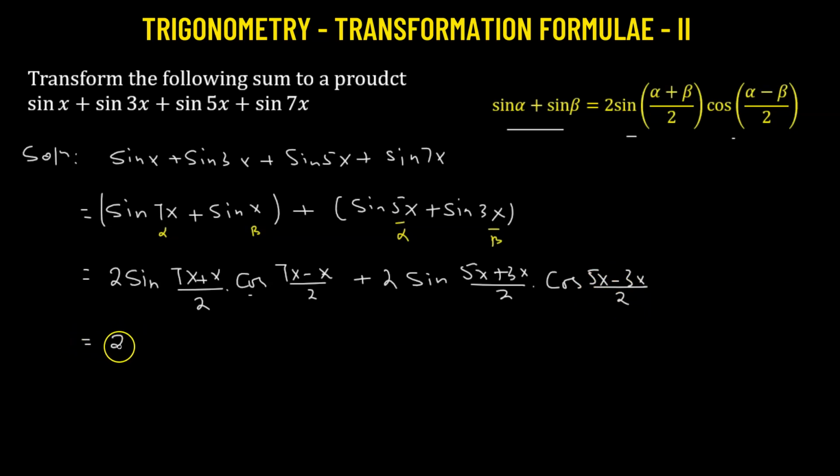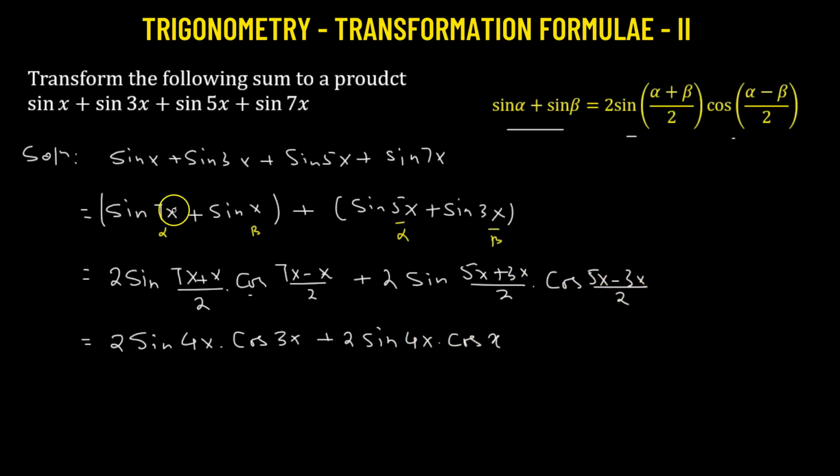That will be equal to 2 times sine of angle, so 7x plus x, that will be 8x. 8x over 2 is simply 4x, multiplied to cosine of, so now we have 7x minus x, so that's going to be 6x. So 6x divided by 2, so this becomes 3x, plus 2 times sine of angle, so 5x plus 3x, 8x over 2 is 4x, multiplied to cosine of 5x minus 3x, so that's 2x, 2x over 2 is x.